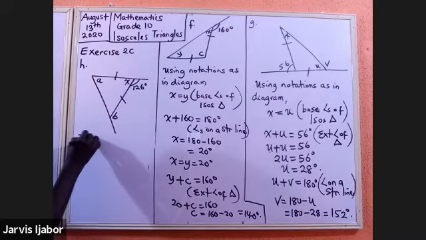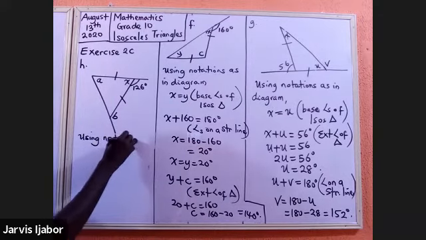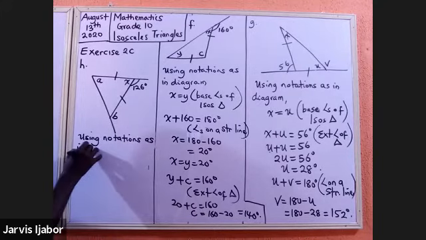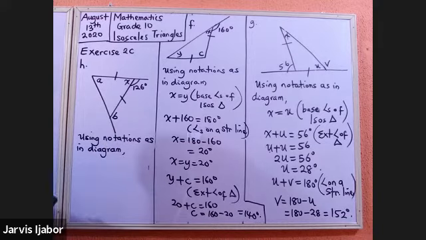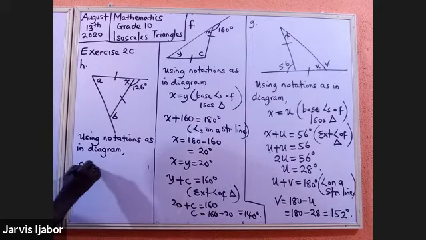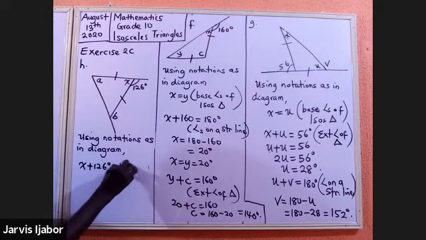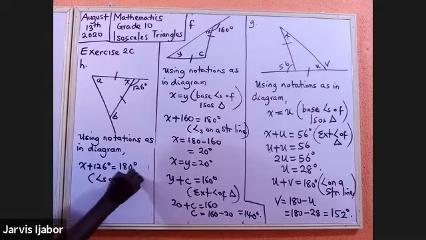Using notations as in diagram, you're going to have that X plus 126 degrees will be equal to 180 degrees, angles on a straight line.